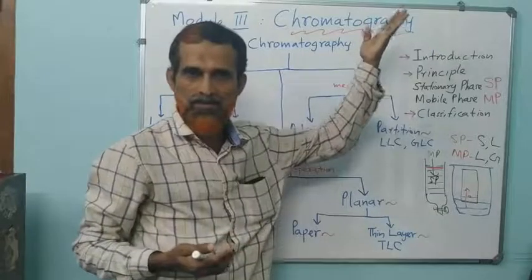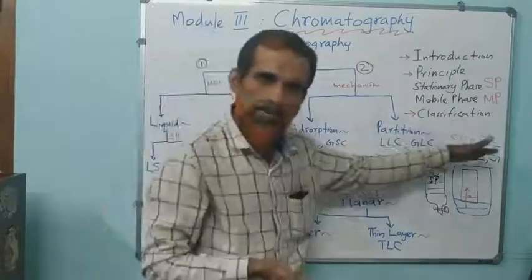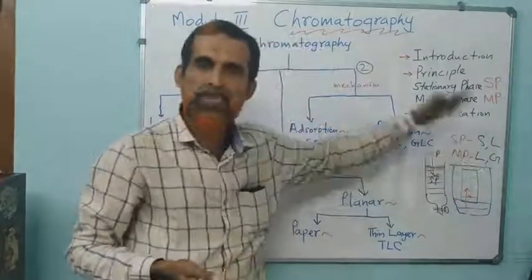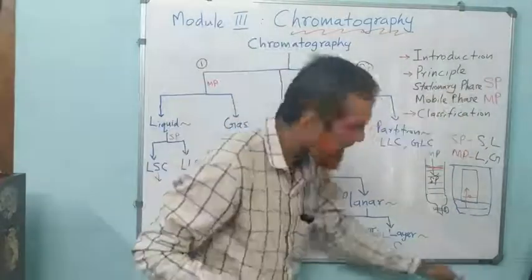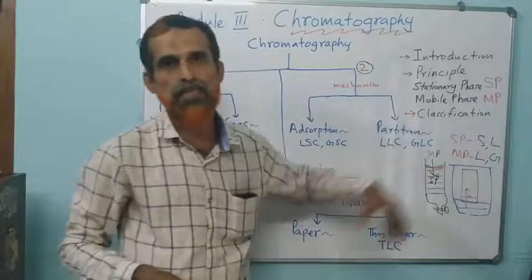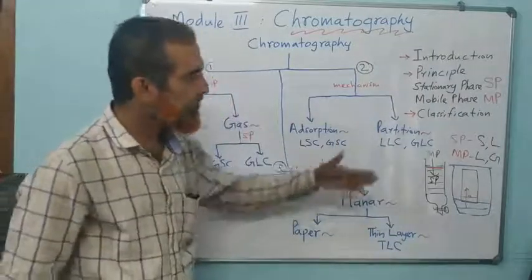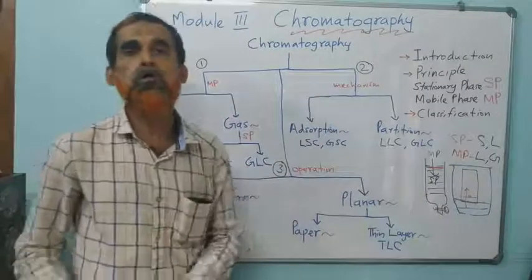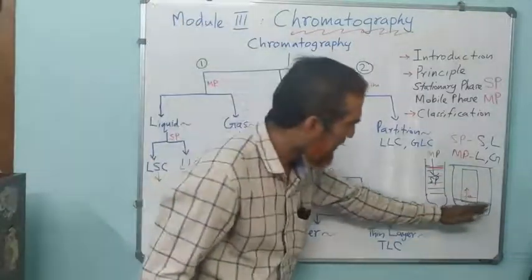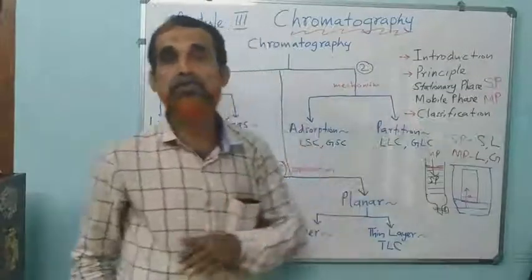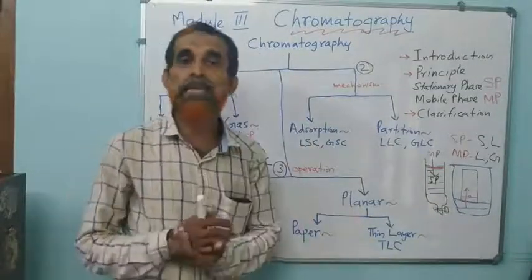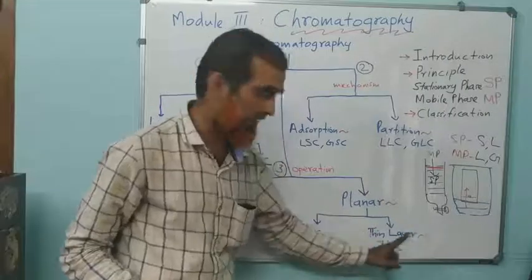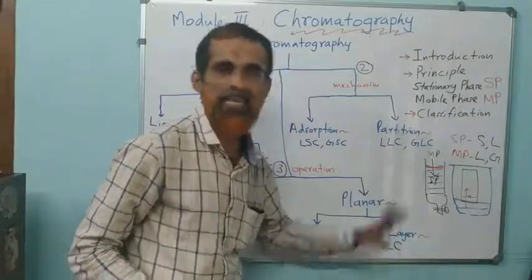Sometimes it's done the other way also, that is, we keep some trays over here and keep the mobile phase, and it comes down under gravity. So mobile phase may move under gravity if it is top to bottom, or on more occasions it is from bottom to top, moving up under capillary action. This thin layer chromatography is very common, that's called TLC.